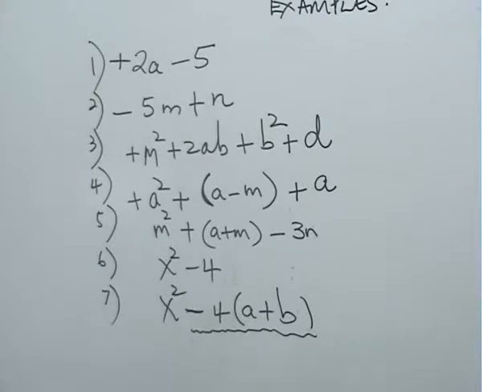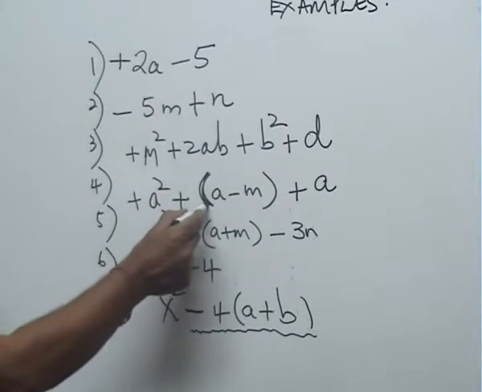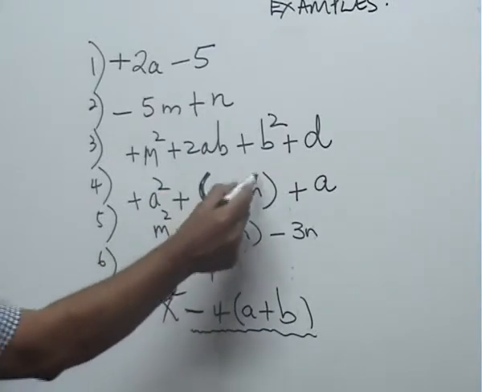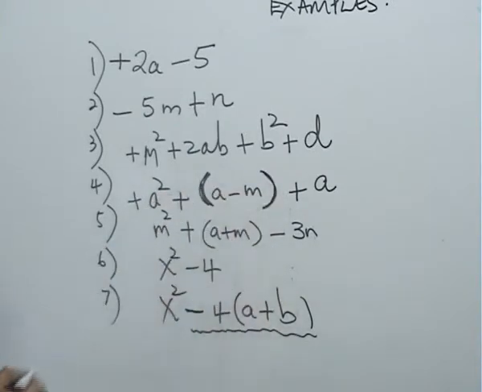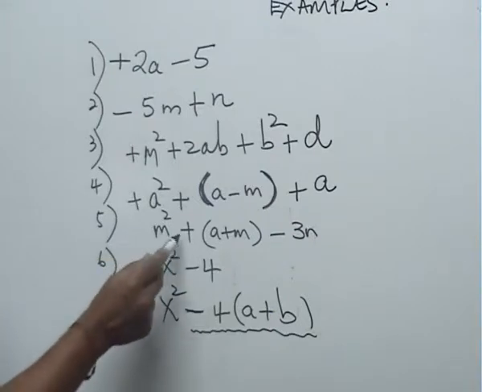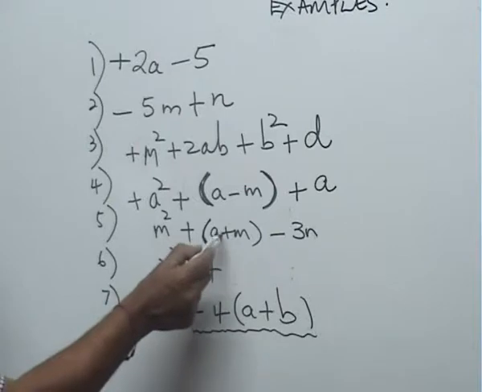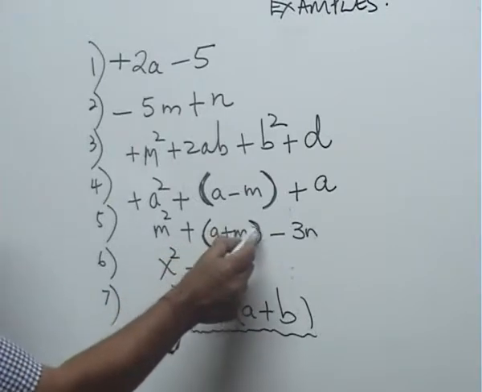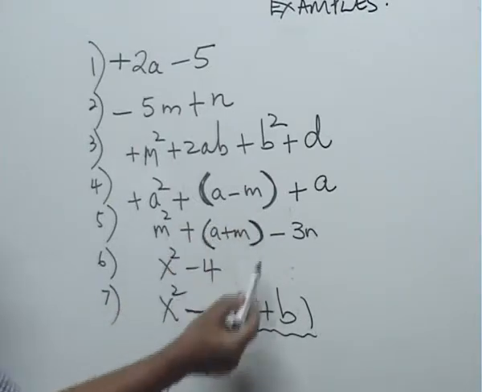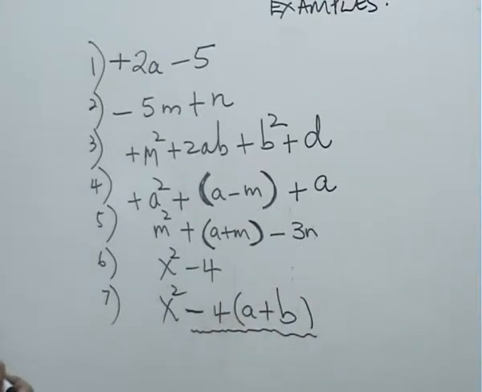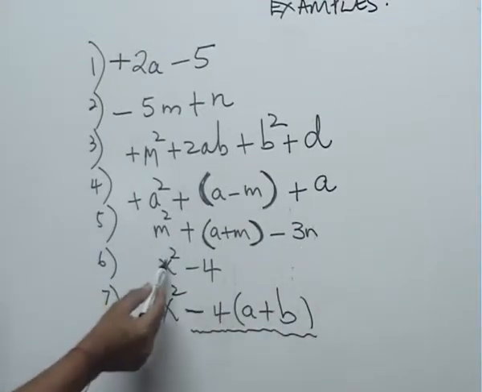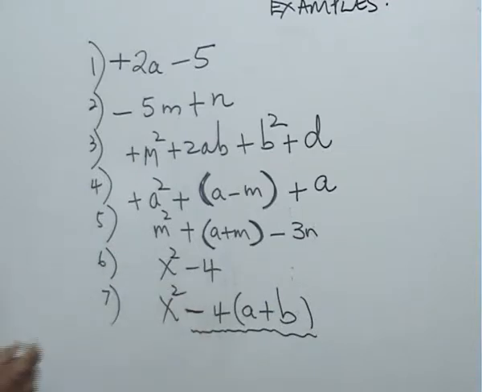Number 4, a squared plus open bracket a minus m close bracket plus a. Number 5, m squared plus open bracket a plus m close bracket, minus 3n. Number 6, x squared minus 4.